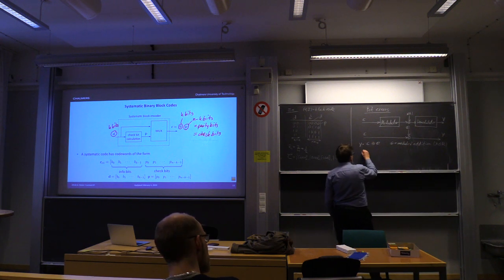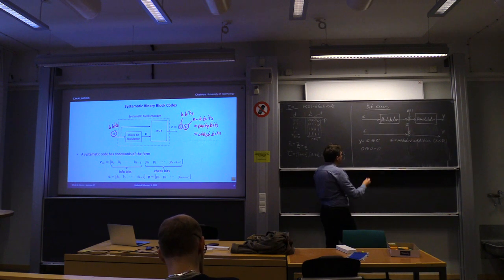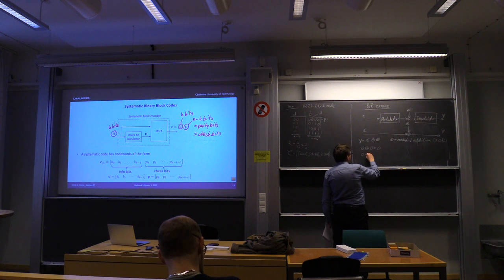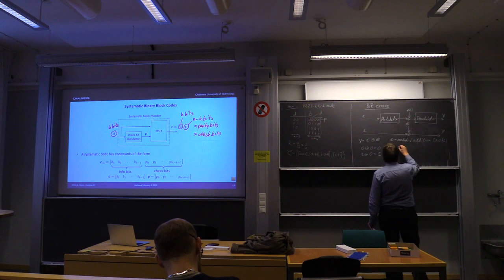Okay, so that means that 0 plus 0 is equal to 0. It's not very exciting. 1 plus 0 is equal to 1. Still not very exciting. It's still not exciting when it's 0 plus 1.